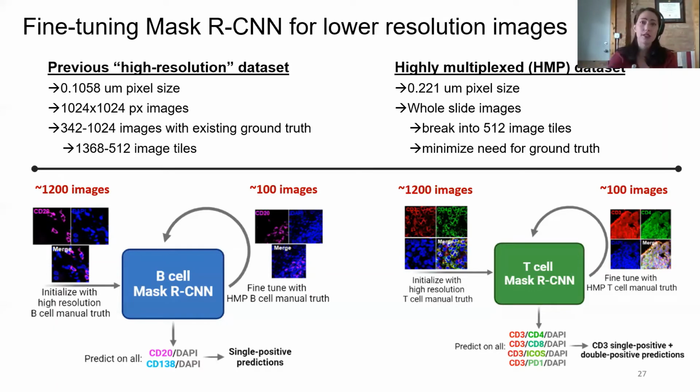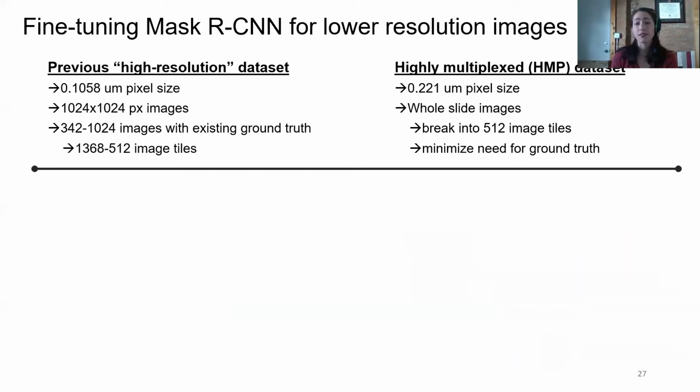We still want to use CD3 as entry criteria to define our T cells, but we can change out CD4 for CD8, ICOS, PD1, and other T cell markers. So this network can detect a number of T cell markers to help define that specific class of T cell.